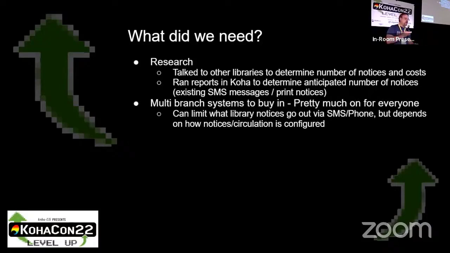It was much easier to just split it up between the libraries rather than trying to say, okay, this library is sending these notices, but really it's the owning library, not the circulating library. So as long as you can figure out how you're going to pay for it between the libraries, then you can determine whether or not this is good enough for you to go forward. Like I said, for us, it was just an all or nothing kind of deal.